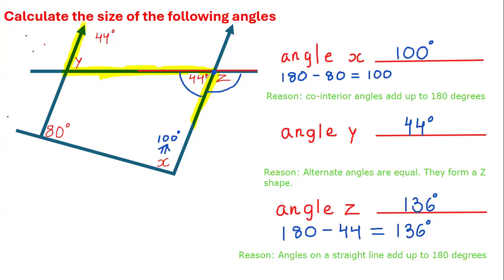What's the reason? Angles on a straight line add up to 180 degrees. Very good. You see the line, right? They're on the same straight line and they add up to 180 degrees. So that's why we subtract them. Okay? Yes, sir. Good.